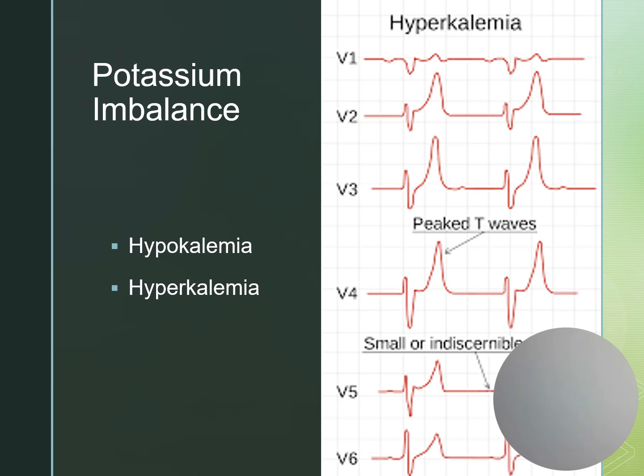Just an FYI, IV insulin is considered an antidote for high potassium levels. Assessment findings: these clients may experience fatigue, weakness, nausea, cardiac dysrhythmias, and paresthesias.